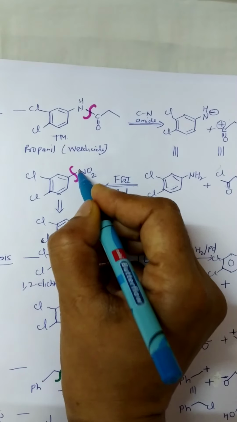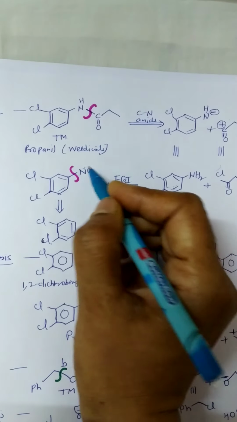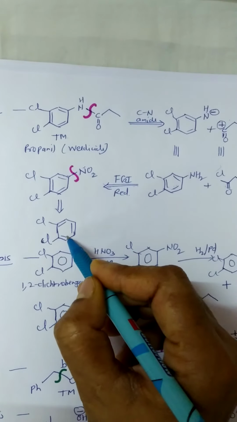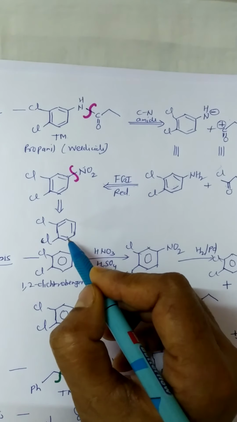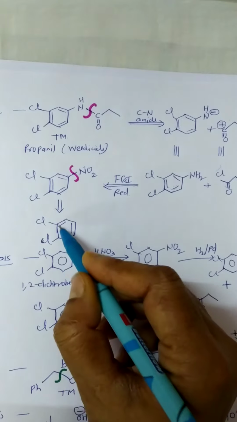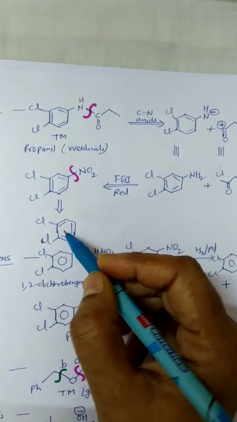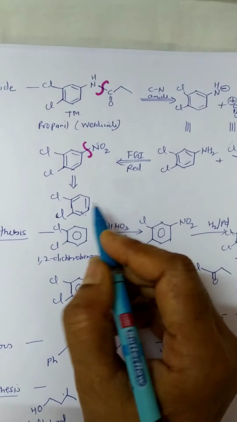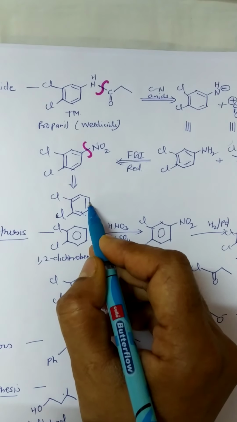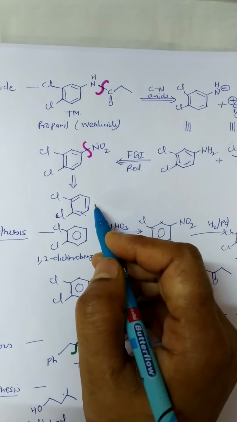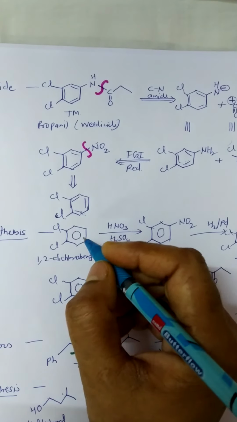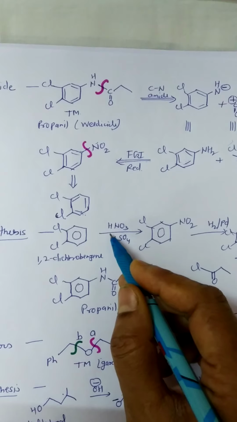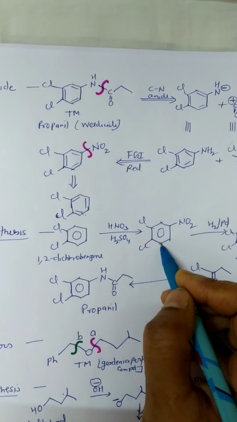Therefore, the C-N disconnection takes place here, and on disconnection we obtain this type of compound. This is 1,2-dichlorobenzene. On synthesis, this is the starting material, and we know that 1,2-dichlorobenzene is nitrated and gives this type of compound.